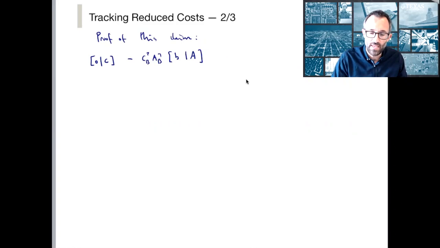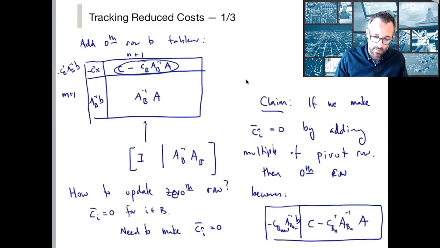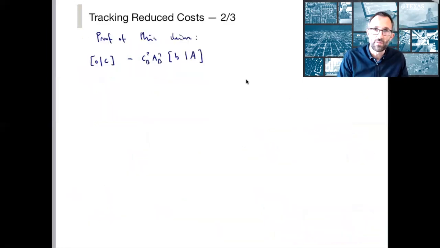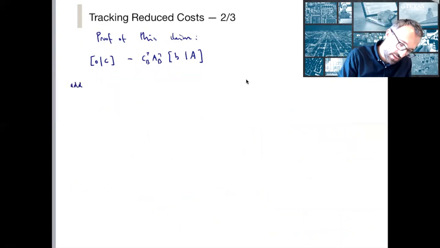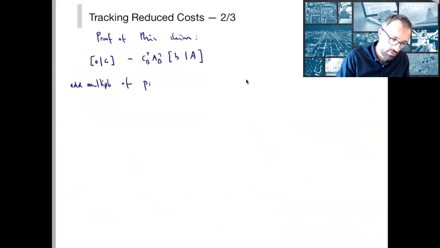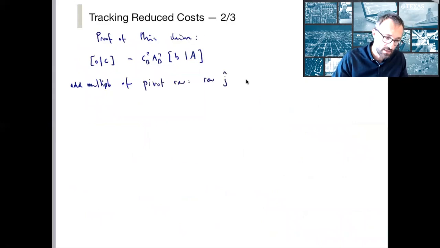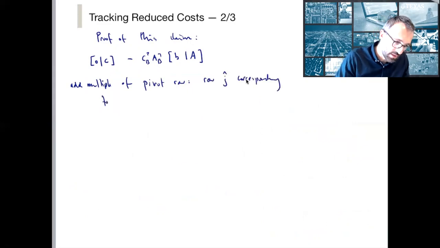It's minus CB AB inverse B. That's the first element of the first row, so this is why I'm writing it in this way. And we're going to add a multiple of the pivot row. What's the pivot row? It's basically row J hat, corresponding to the exiting basis variable.